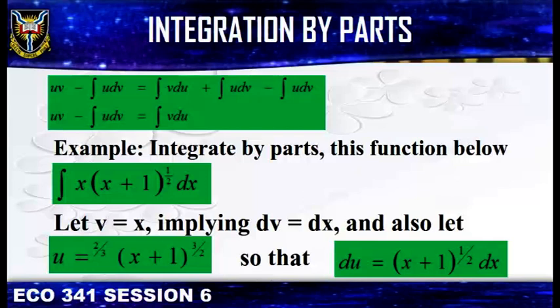Example: integrate by parts the function below. Integral x times (x plus 1) raised to power half dx. Let u be equal to x, implying du is equal to dx, and also let dv be equal to (x plus 1) raised to power half, so v is 2 over 3 (x plus 1) raised to power 3 over 2.